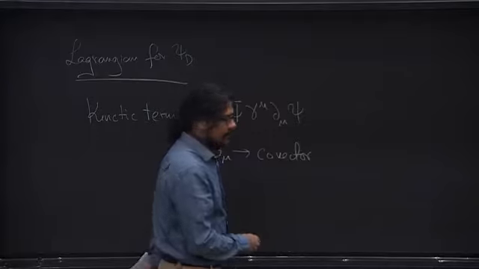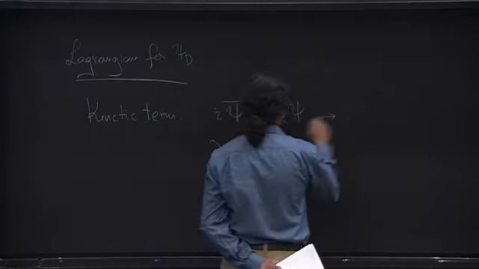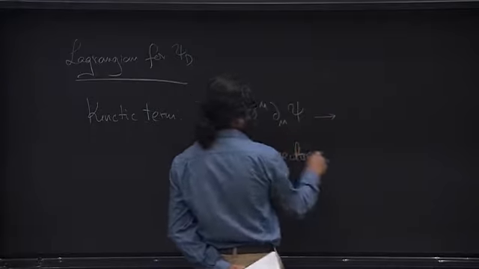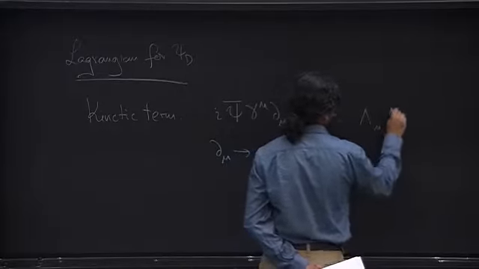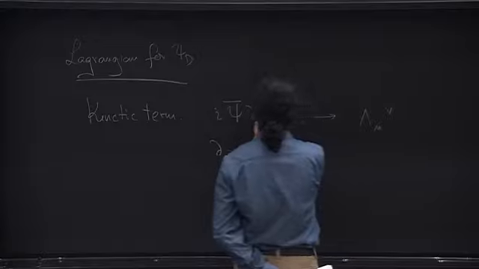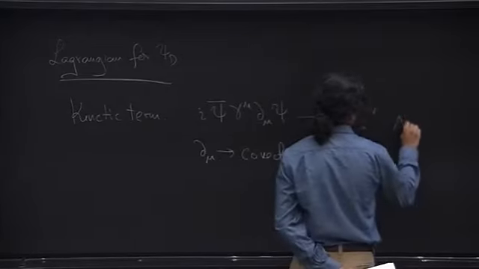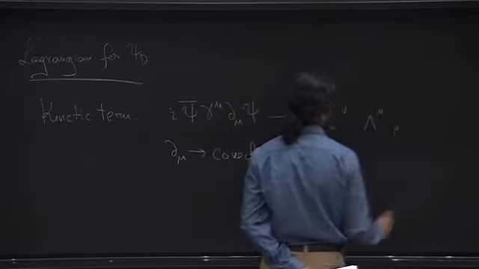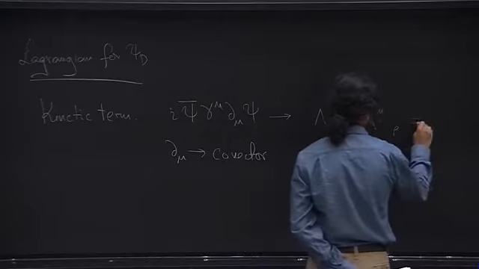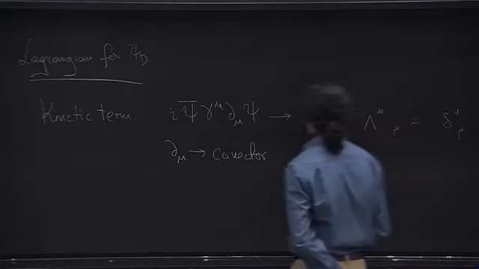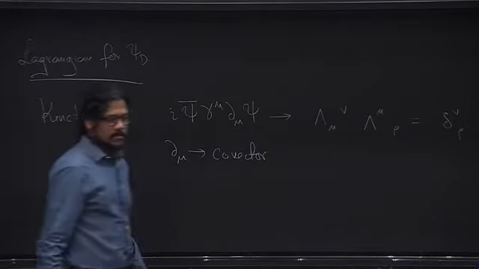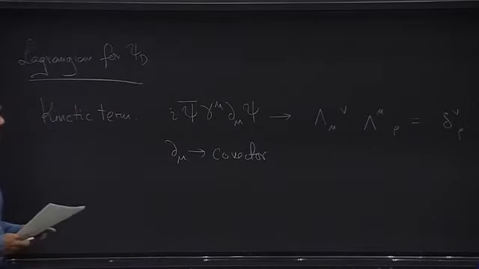Okay? So if you do the transformation from this guy, you would get the inverse of the Lorentz matrix. And from this guy, you would get something like this. And then they would give you delta nu rho. And then you'd see that this is actually invariant. Okay?